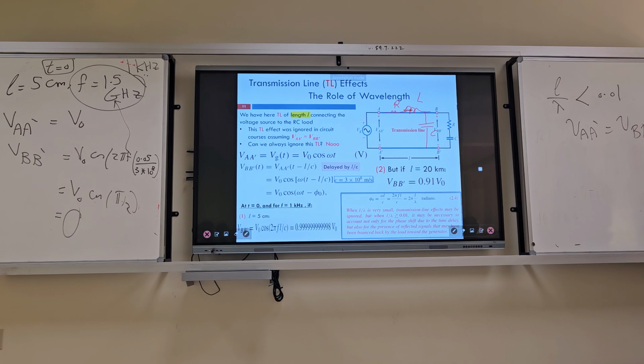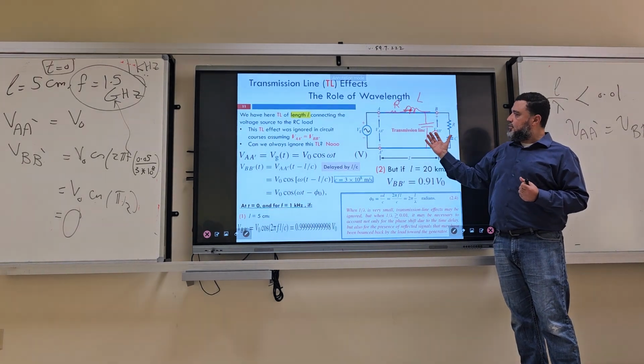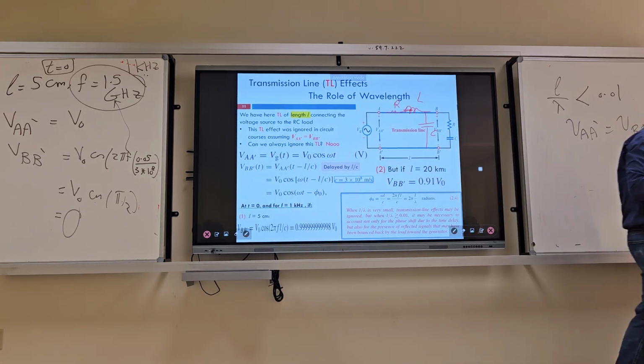What is the fourth thing you have here? The effect of the transmission line. Reflection. I will come to this later. We have reflection, but I'm talking about circuit elements. In addition to our RLC, we have another element here that affects the wave propagation.